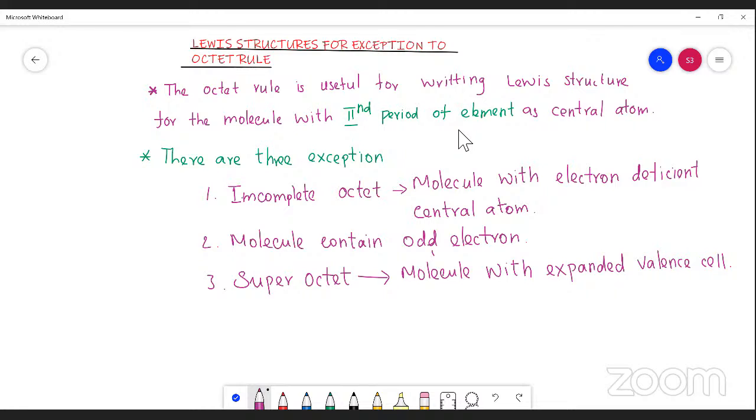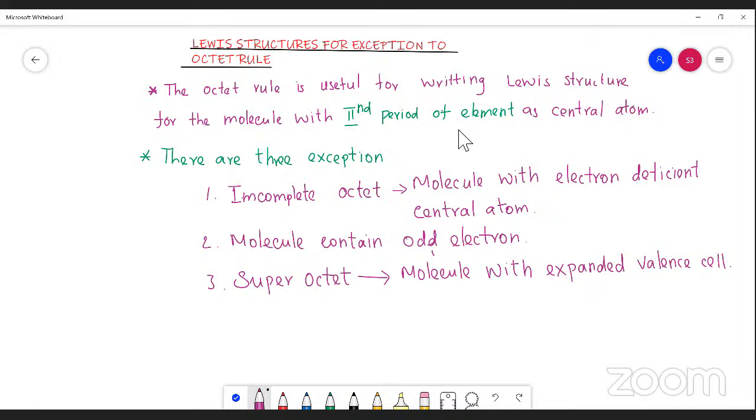So here there are three exceptions in writing the Lewis structure for the octet rule. One is the incomplete octet, which is less than 8 electrons around the central atom. The molecule contains odd electrons, that is 1, 3, 5 or 7 odd electrons, and such molecules are also stable. And the superoctet, where the molecule has more than 8 electrons, is also stable when writing the Lewis structures.